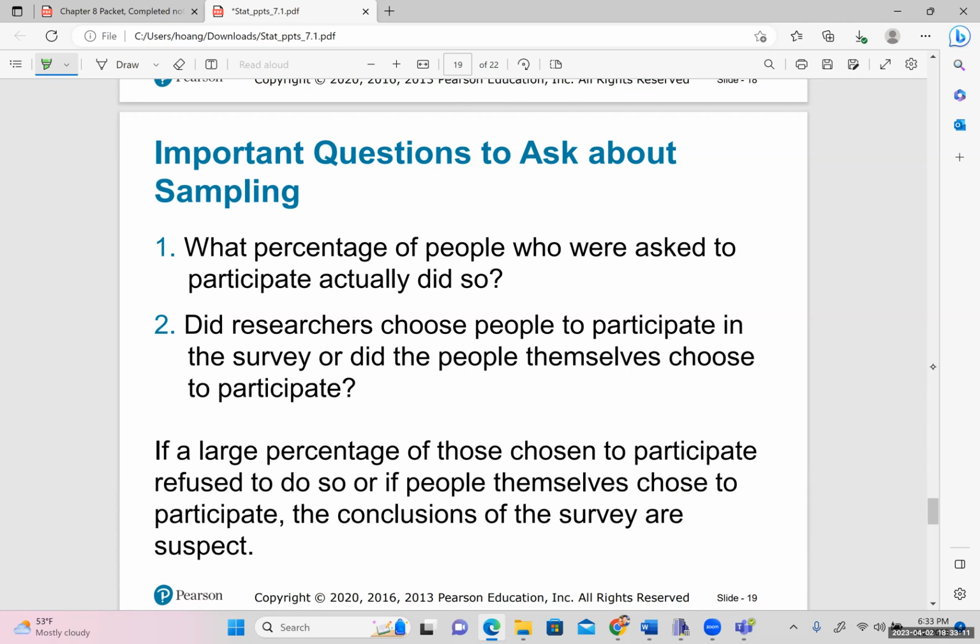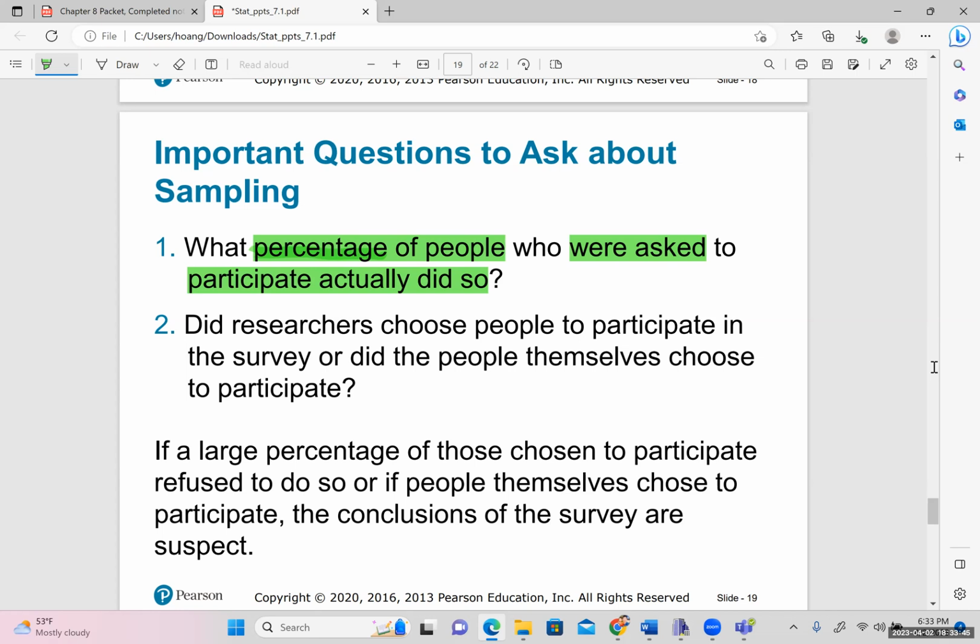Did the researcher choose people to participate in the survey, or did people themselves choose to participate?